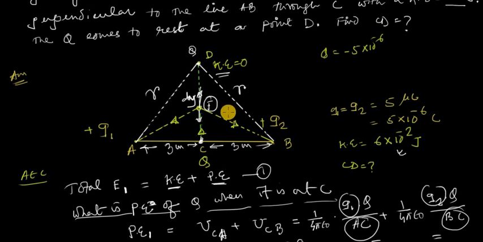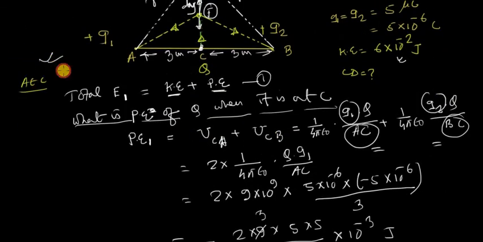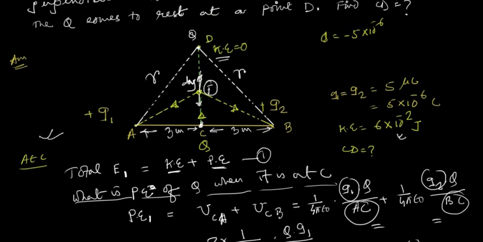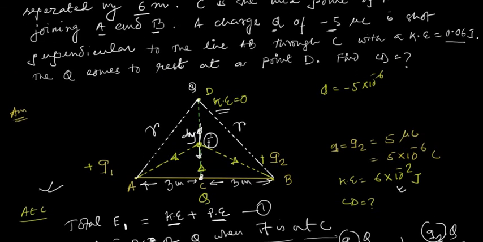This is a complicated one, so don't follow this. Follow rather this process which I have done here. It's a process using the principle of conservation of energy. It's a very simple one. Okay, and try to understand the problem.